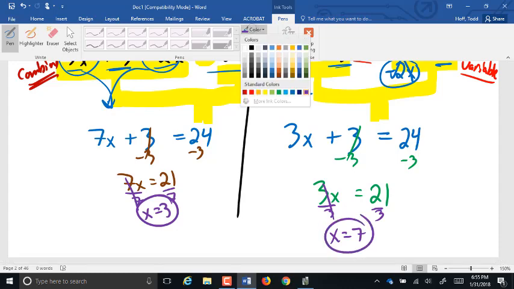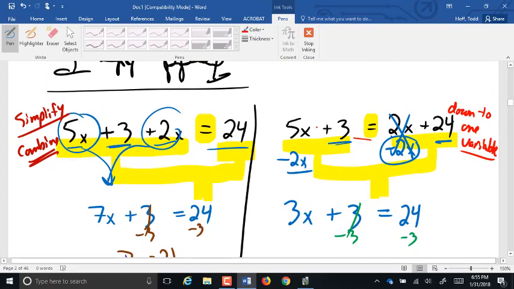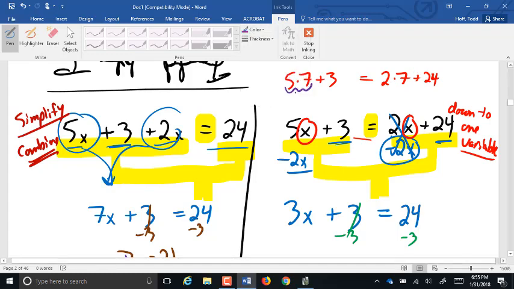Now again, just like any other equation, we could go back up here now that we got x equals 7, and we can replace x with 7. 5x would become 5 times 7 plus 3. 2x plus 24 is 2 times 7 plus 24. 5 times 7 is 35 plus 3 is 38. Over here, 2 times 7 is 14 plus 24 is 38. So we got the same value on each side.